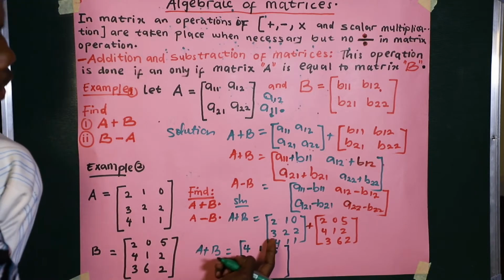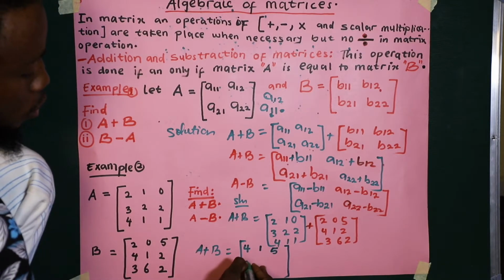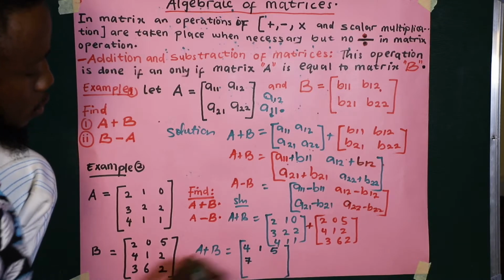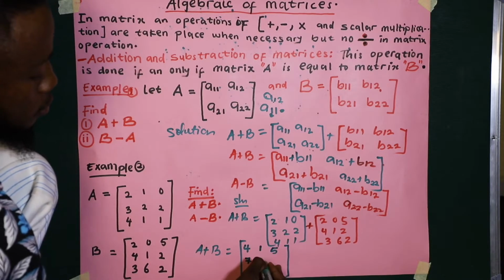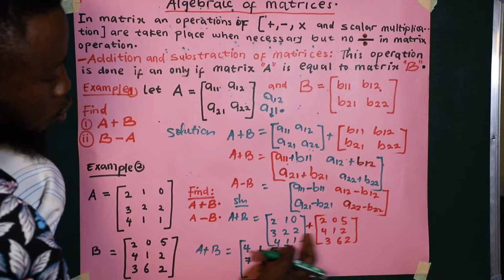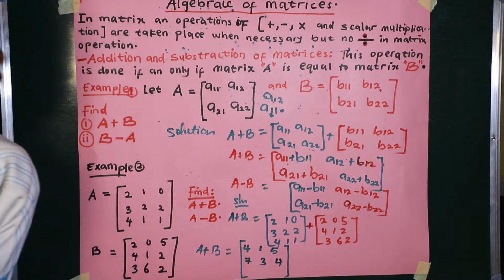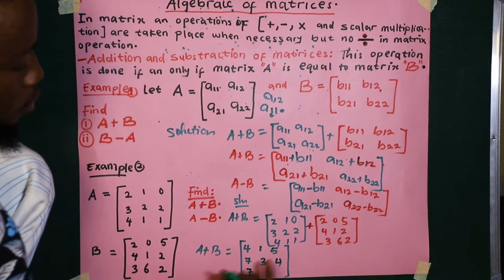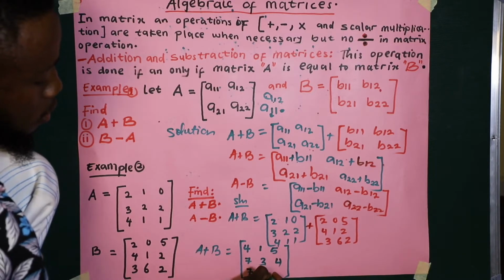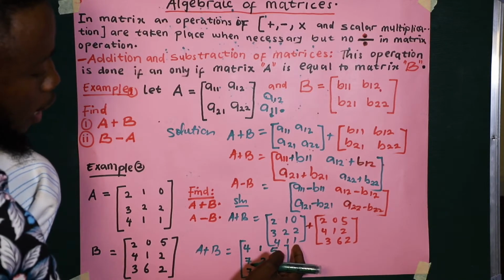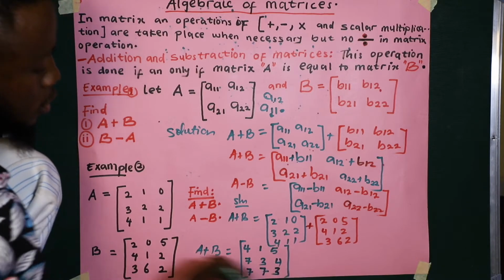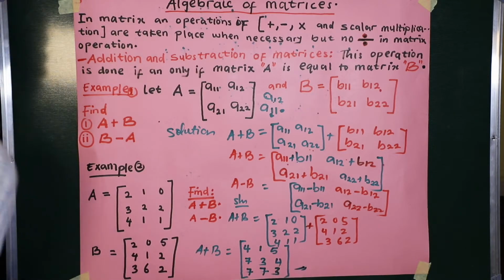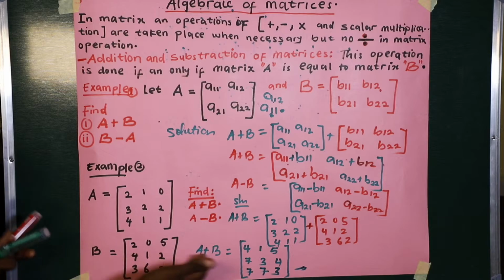Closed. 3 plus 4, 7. 2 plus 1, 3. 2 plus 2, 4. 4 plus 3, 7. 1 plus 6, 7. And 1 plus 2, 3. So this is the matrix of A plus B.